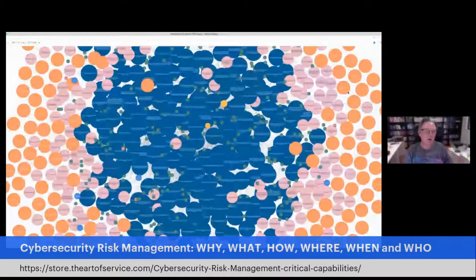The orange color here around, those are the job roles, the job titles that you typically find in a cybersecurity risk management process team. Those are the job roles that you find, and we'll go through some of them and how they are aligned to the critical capabilities and what type of questions you can ask those people.